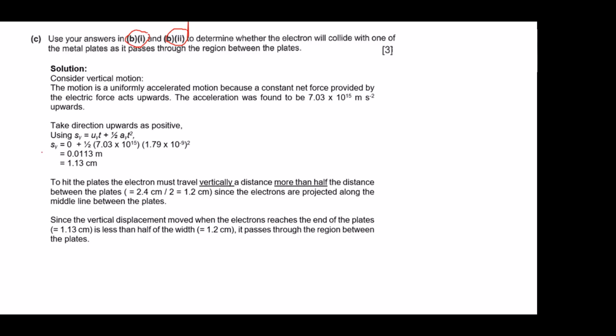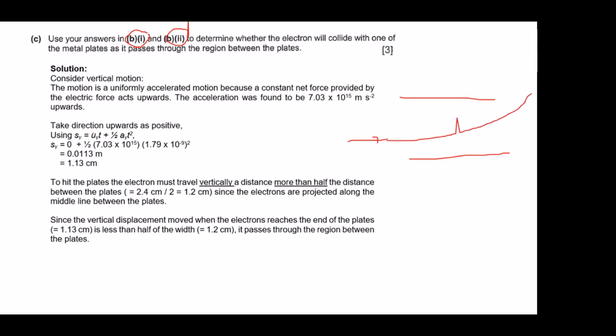Okay, now you are asked to determine whether the electron will collide with one of the metal plates or not. So you need to use the answers in part 1 and part 2, to check whether the electron will pass through the plates or not. If you consider the vertical motion, the electron comes in and will deviate up.